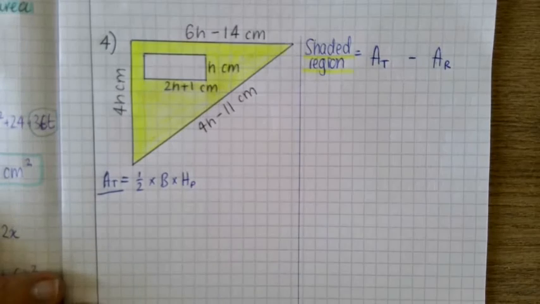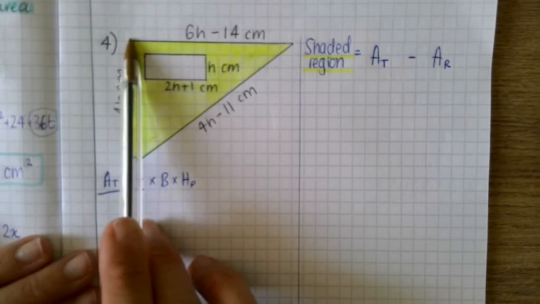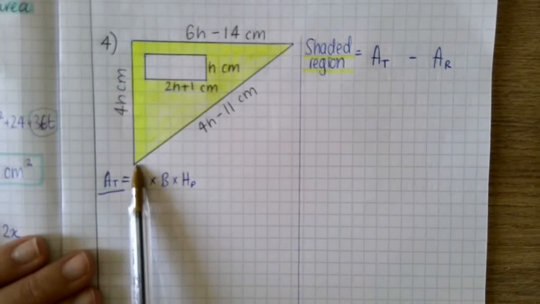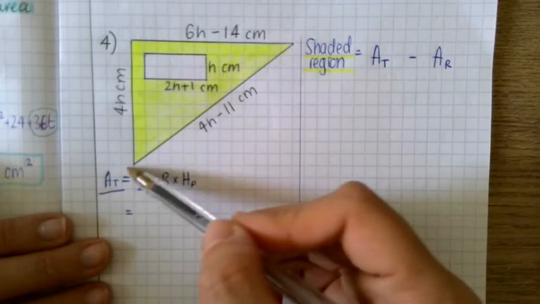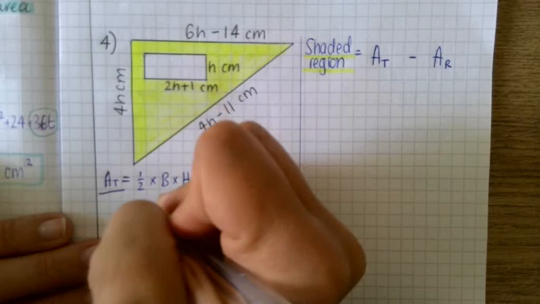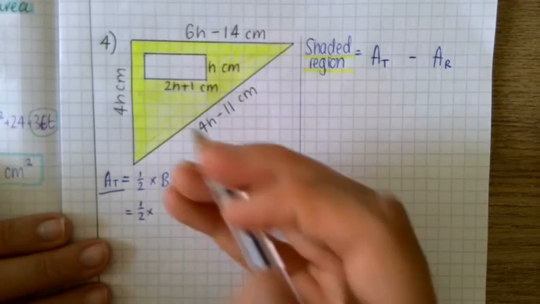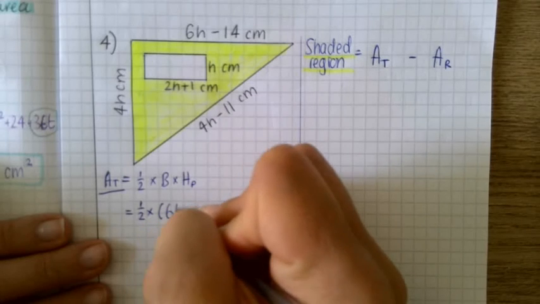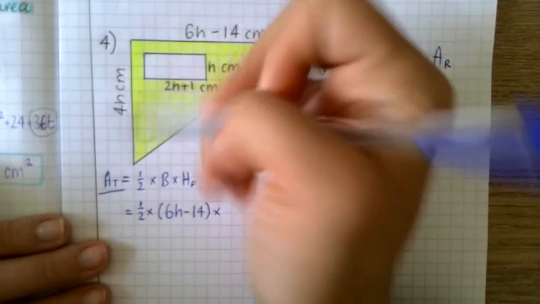Perpendicular height. So the base and the height are 6h take away 14 and 4h. This diagonal length here doesn't contribute when I find the area. It isn't the base or the height. So I need to do a half times the base, which is 6h take away 14, and that whole thing needs to go in brackets, times the height, which is 4h.